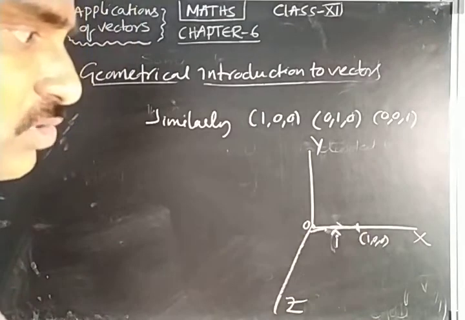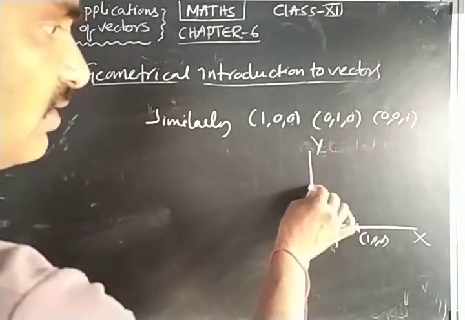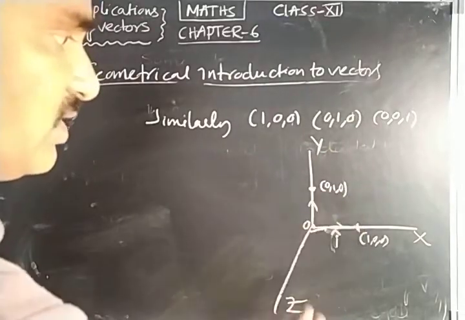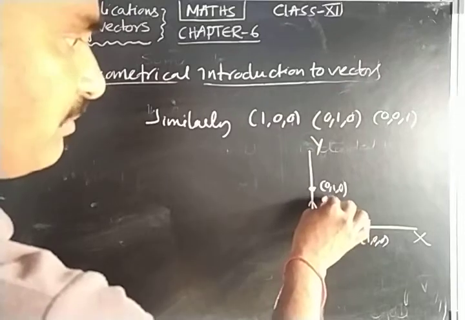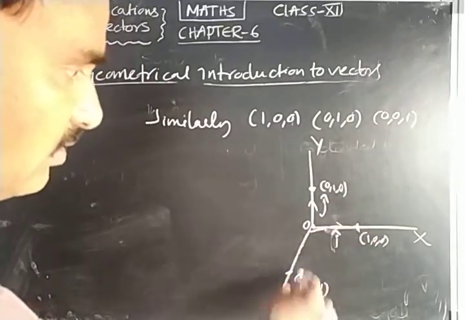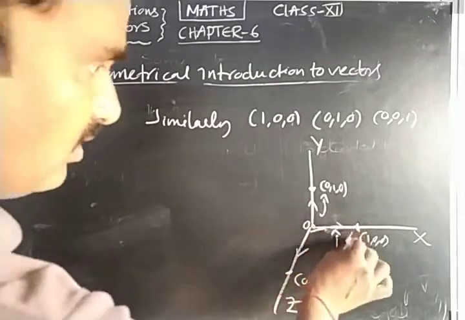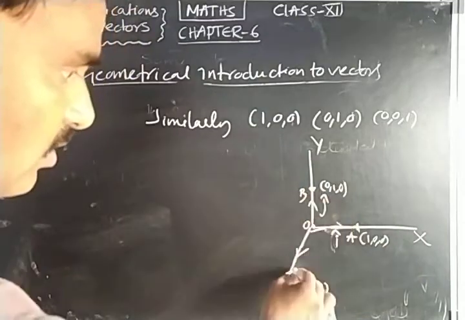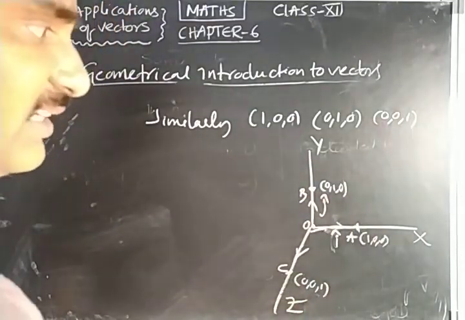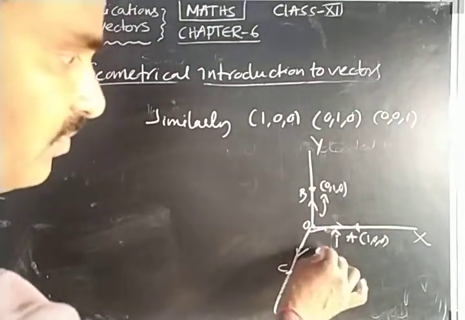The position vector of this point is denoted by I cap, and 0 comma 1 comma 0 lies on the y axis, and this position vector is denoted by j cap. And here we will have 0 comma 0 comma 1 with distance 1 unit, and direction along OA, OB, OC. The OA vector is denoted by I cap, the OB vector by j cap, the OC vector by k cap.